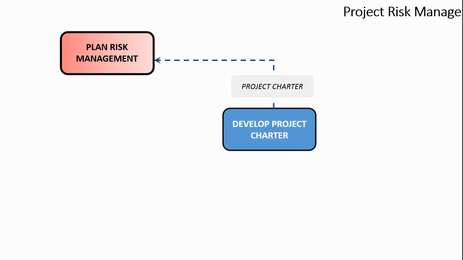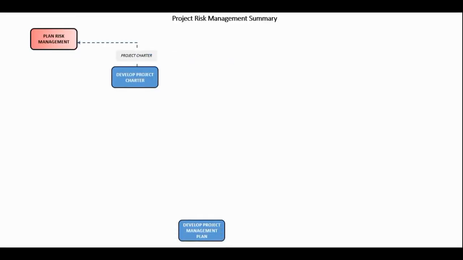Now, you will not find analytical techniques in scope, but you'll find the commonalities in the tools and techniques across those more technically oriented knowledge areas, such as time and cost, syncing up with those of risk as well. Okay? Now, there's a relationship between Develop Project Management Plan and Plan Risk Management.